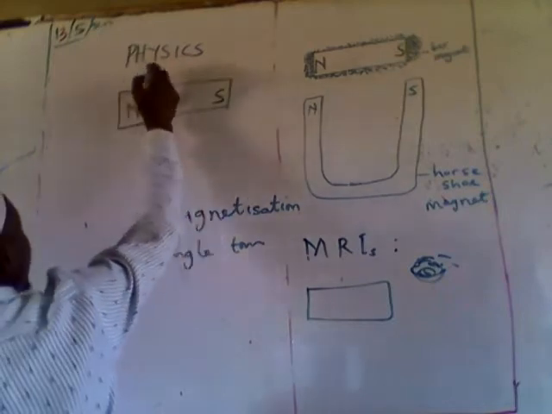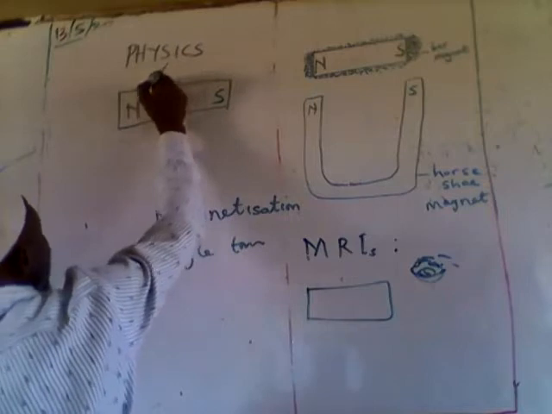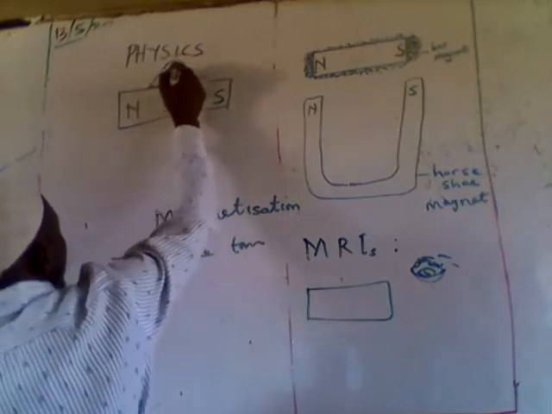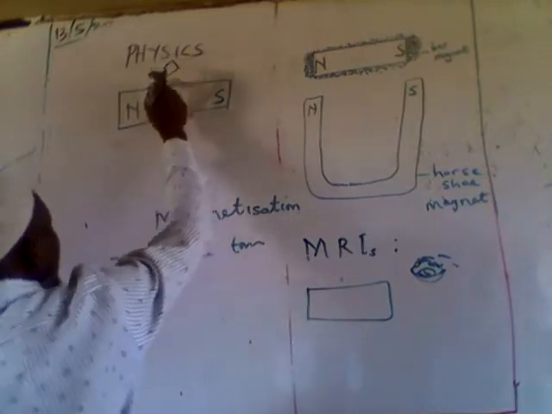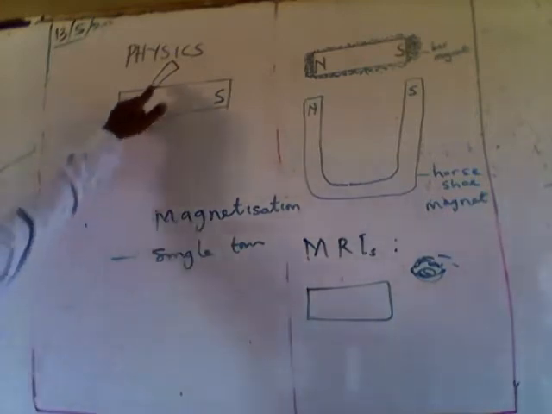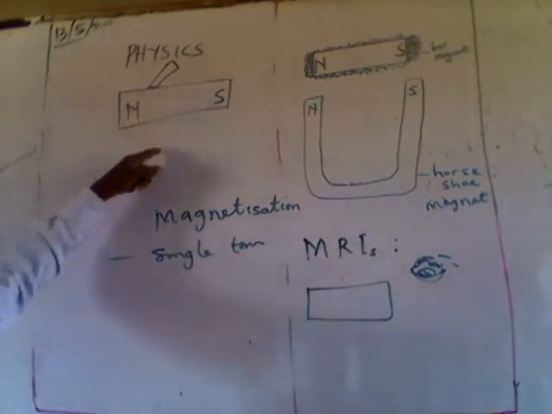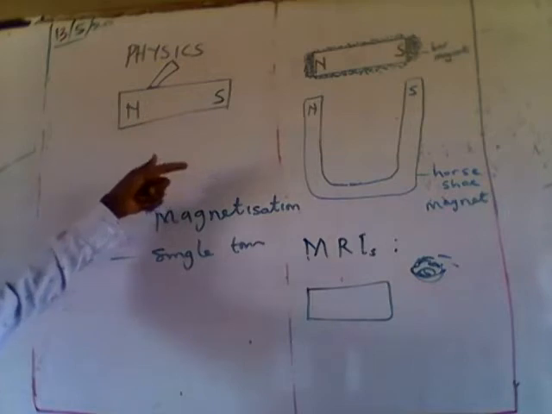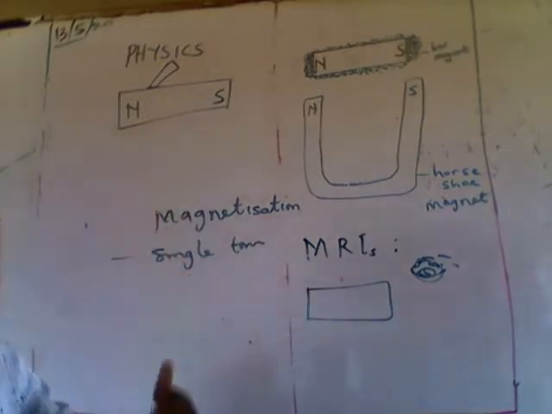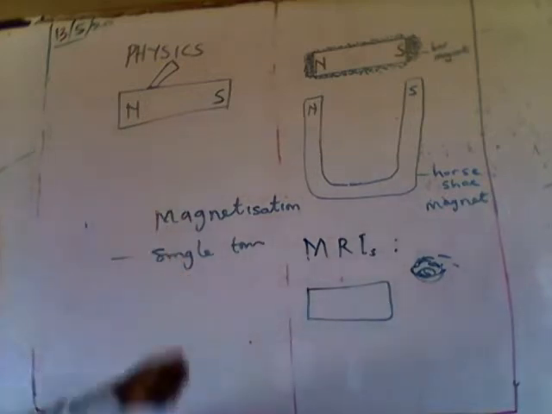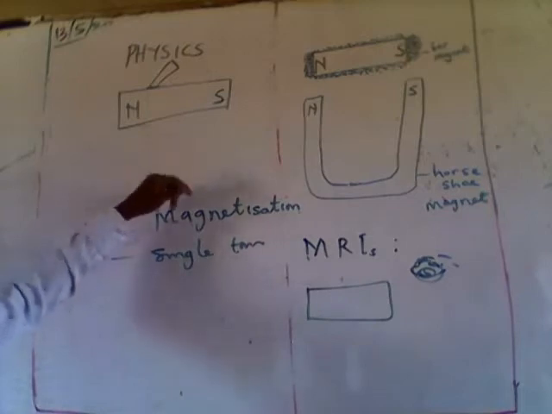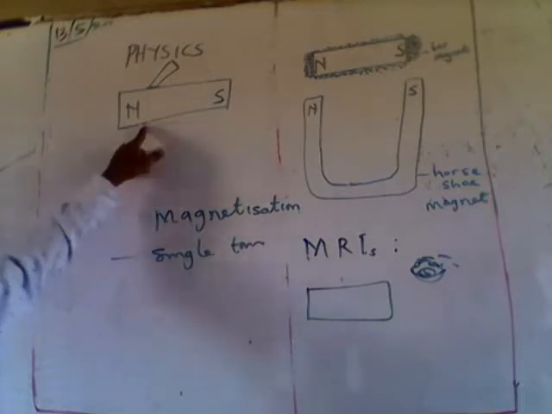When you bring a material, this is the material you brought now, and rub it like this, with continuous rubbing on a pole of the magnet, you will see that it also becomes a magnet. That method is called the single touch method of magnetization.